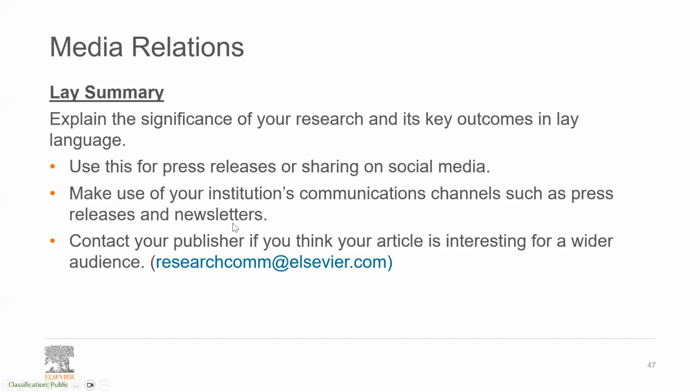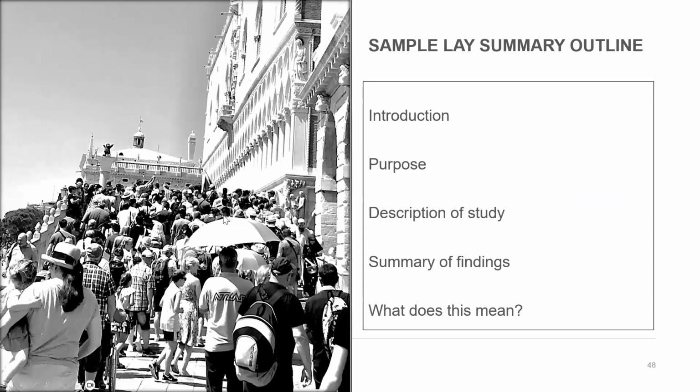And if you think there is interest from a wider audience, if you have published with Elsevier, our research communication team will be happy to help you prepare those press releases and communicate with newspapers or mainstream media outlets, for example.